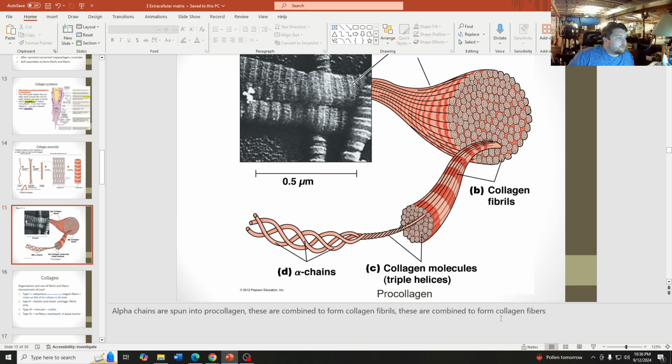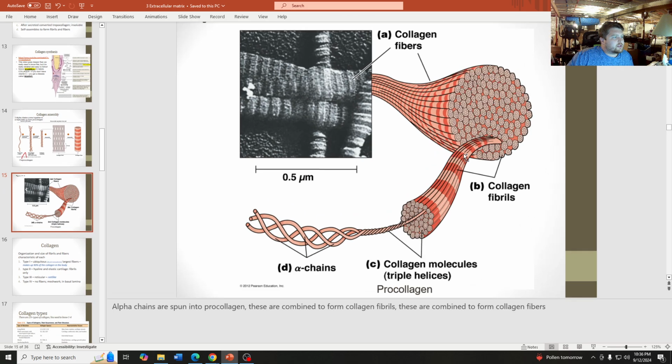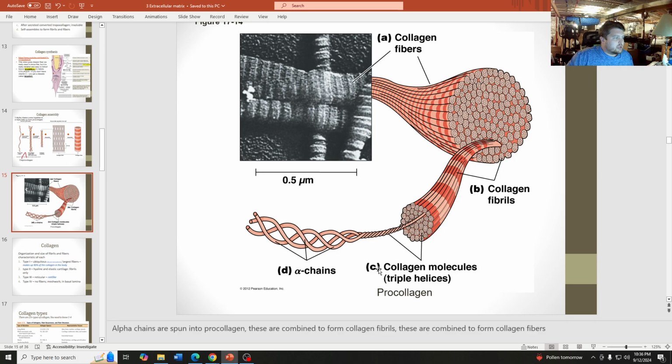Then those pro-collagen molecules combine all together. A bunch of those combine in order to form these collagen fibrils. Okay, this is when little details of words become super, super important. From alpha chains, we go to pre-pro-collagen, and then we go to pro-collagen.